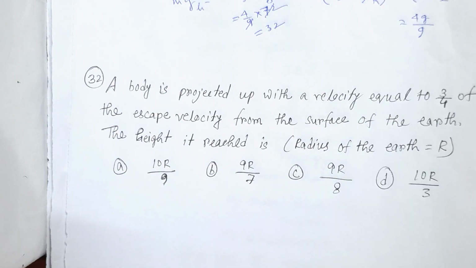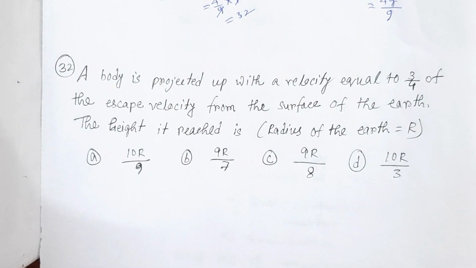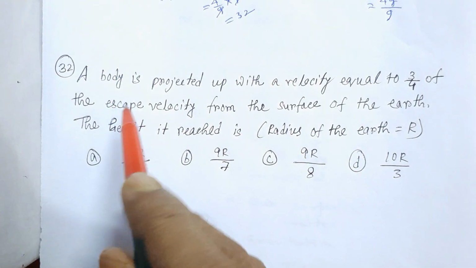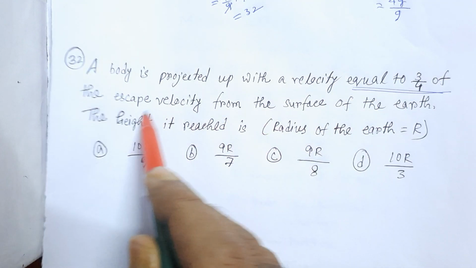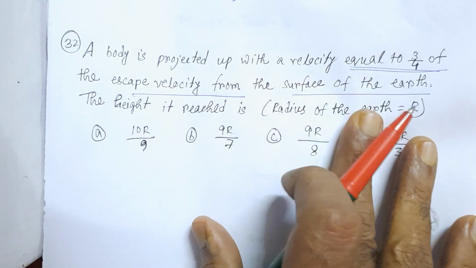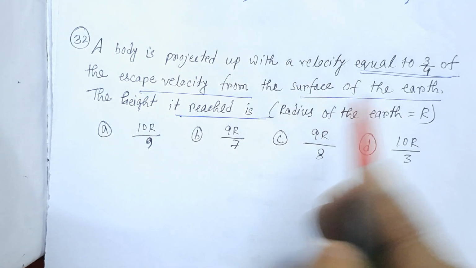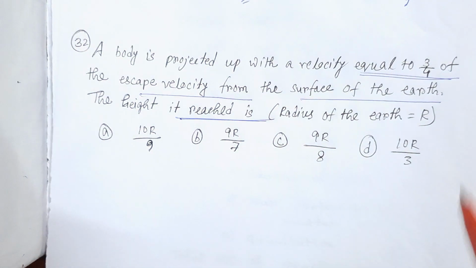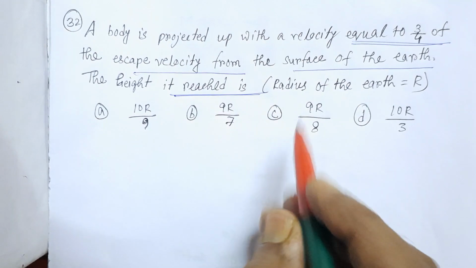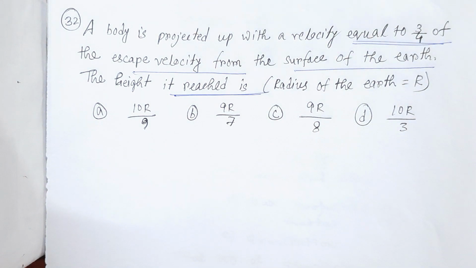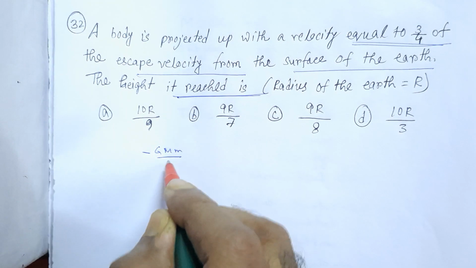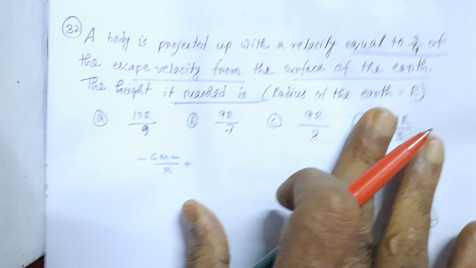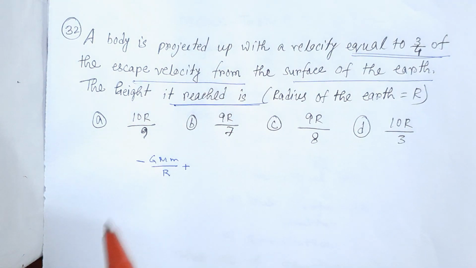Now let us take question number 32. In question number 32, we see that a body is projected up with a velocity 3/4 of the escape velocity from the surface of the Earth. The height it reached. So from the Earth's surface it is thrown. Here the total mechanical energy is conserved. On the Earth's surface, the potential energy of the body is minus GMm by r, and it is thrown with 3/4 the escape velocity.